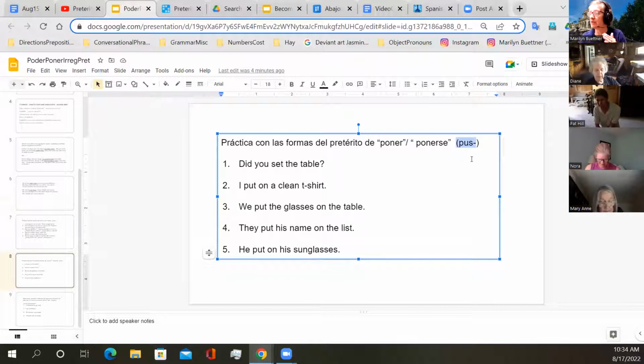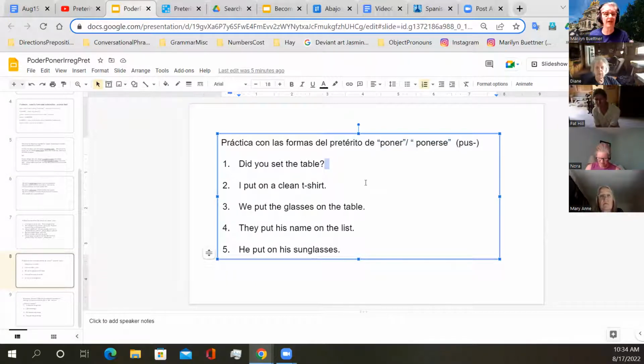So this stem change of changing PON to PUS for our stem of the verb will hold true, and I don't have any funky meaning changes implied. We can use it for both poner by itself or ponerse, the reflexive form.